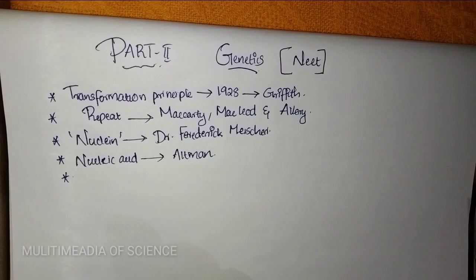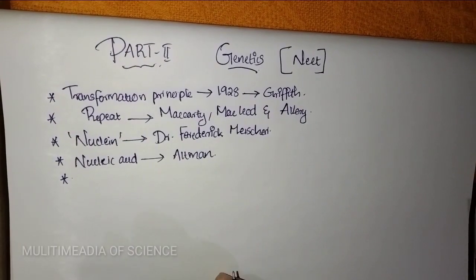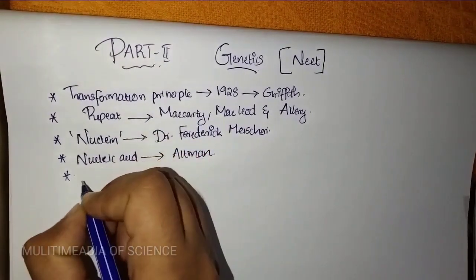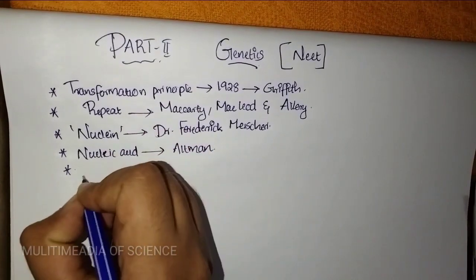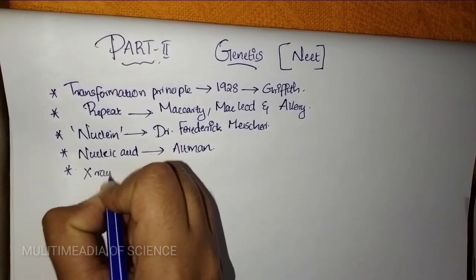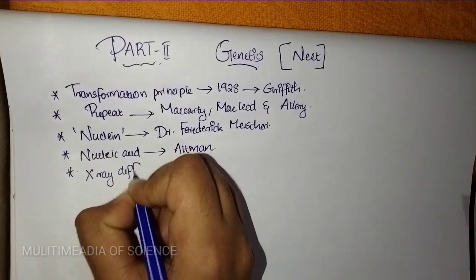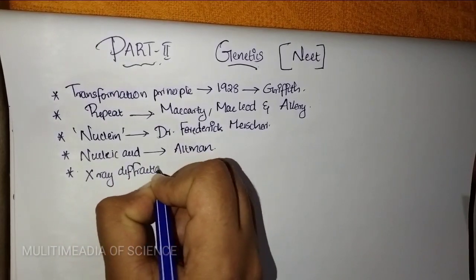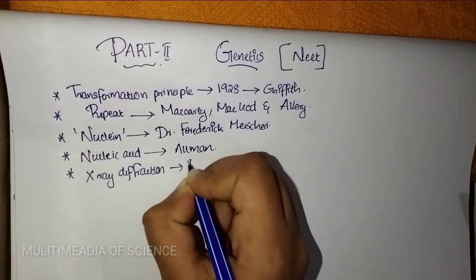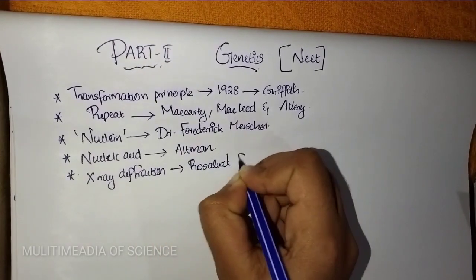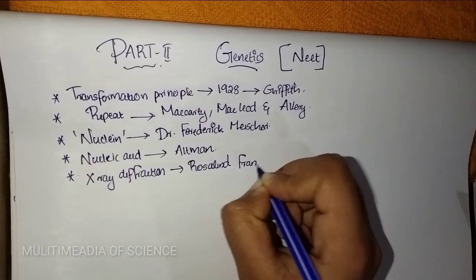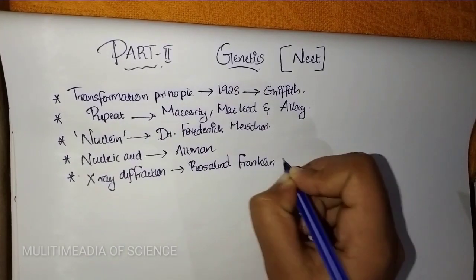Clear. Next is X-ray diffraction, which was really helpful for the DNA structure. X-ray diffraction was done by Rosalind Franklin and Dr. Wilkins.